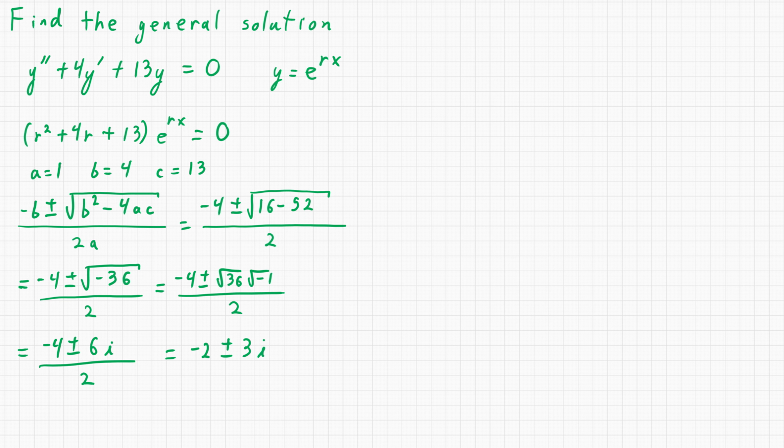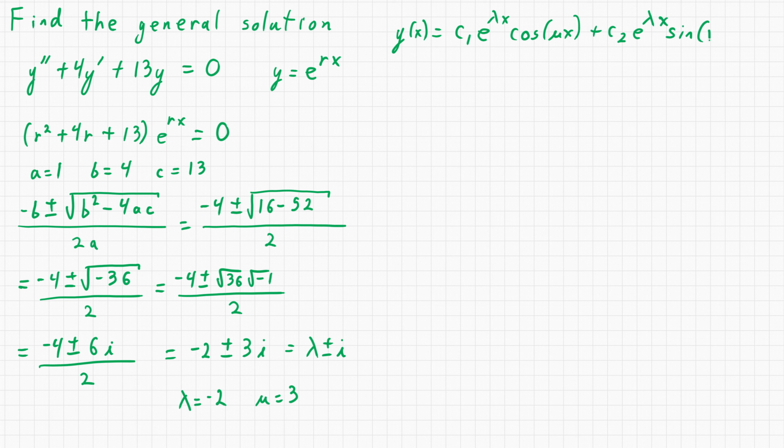Alright, so here we have our lambda equals negative 2 in our roots, and we have mu is equal to 3, right? This is lambda plus or minus i. Again, the general solution y of x equals c1 e to the lambda x cosine of mu x plus c2 e to the lambda x times sine of mu x.